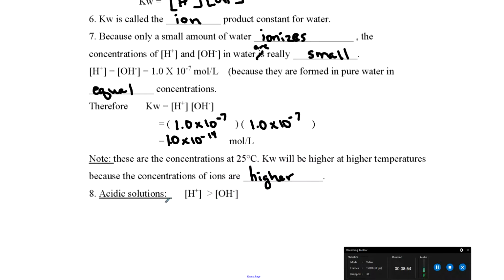In an acidic solution, the reason this KW expression is important is because it helps us determine whether something's acidic or basic. We know in acidic solutions we have this H plus ion, whereas in most basic solutions you have a concentration of the OH negative ion, the hydroxide ion.